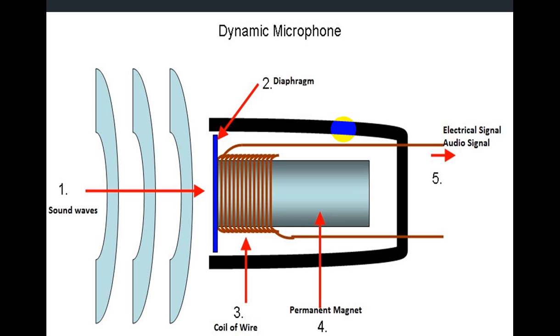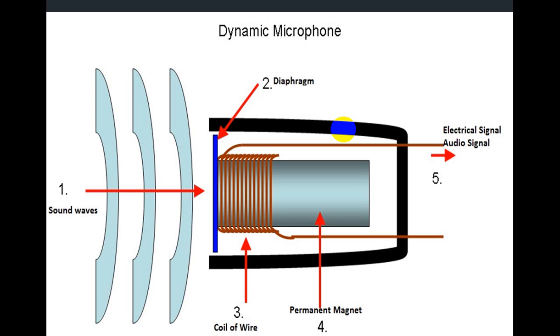Sound waves moving through the air travel to the mic and hit the diaphragm. The diaphragm is moved in and out by the air pressure of the sound wave. A coil of wire is wrapped around the permanent magnet. The coil of wire is attached to the diaphragm and is moved backwards and forwards around the magnet by being pushed by the diaphragm.